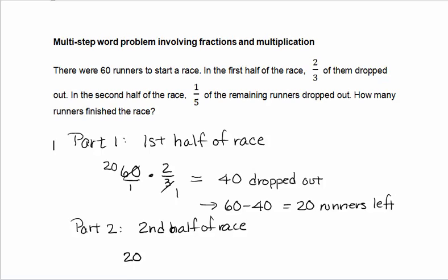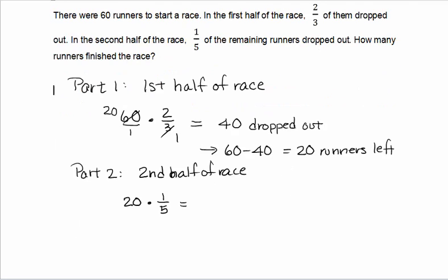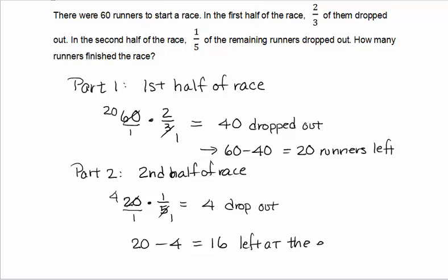So out of that 20, we have 1/5 drop out, which if we do the multiplication, 5 goes into 5 once, 5 goes into 20 4 times, means 4 more drop out. So if we started with 20 in the second half, minus 4, that means we have 16 left at the end of the race.